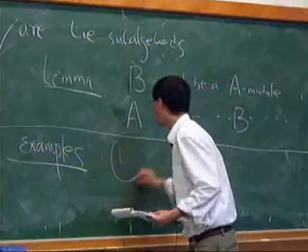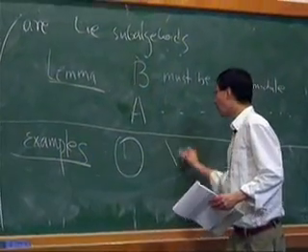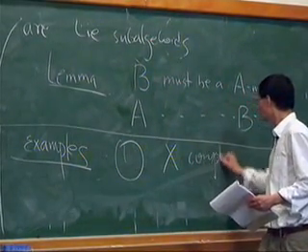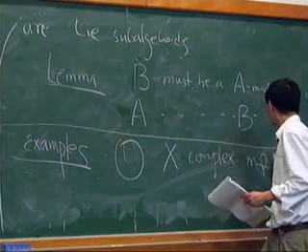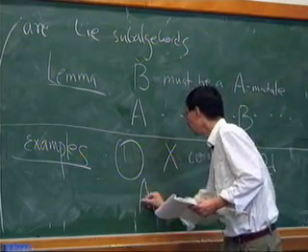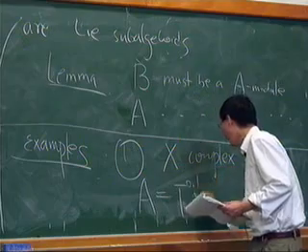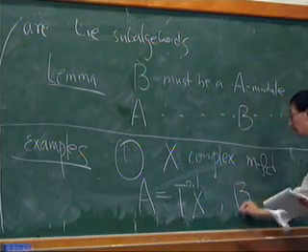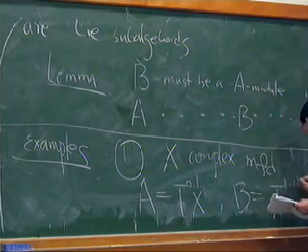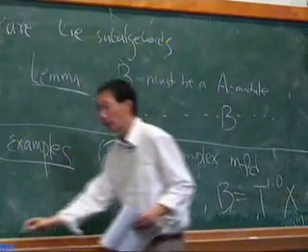The first one is again the standard one. If X is a compact manifold, and A is just T01X, and B is T10X, those are a matching pair.